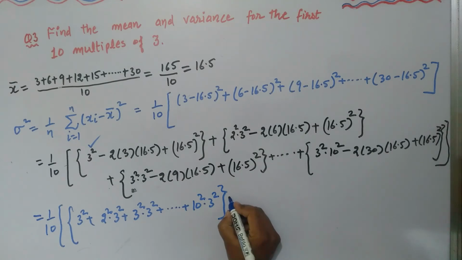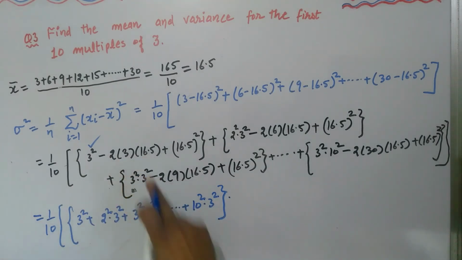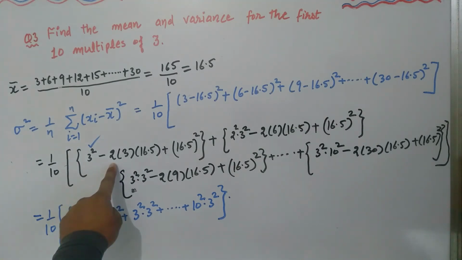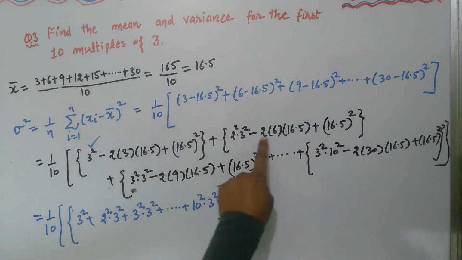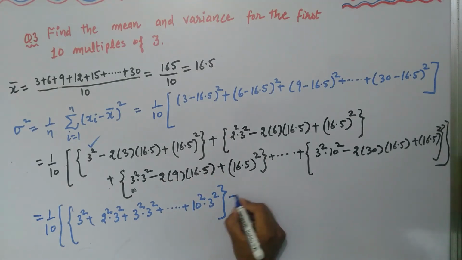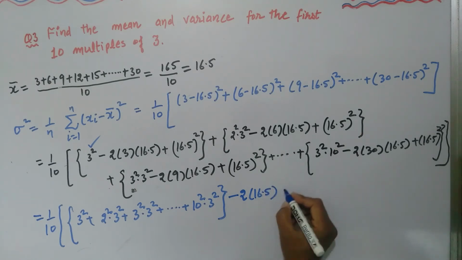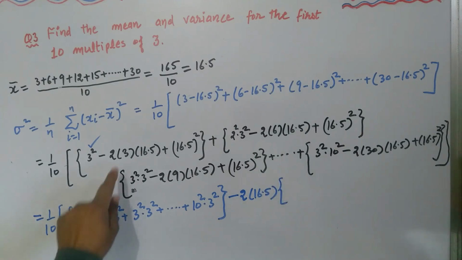The second time, we take minus 2 into 16.5, minus 2 into 16.5, minus 2 into 16.5. What is left now?